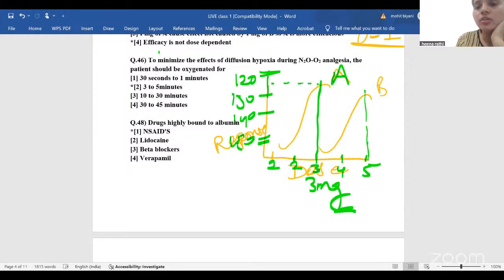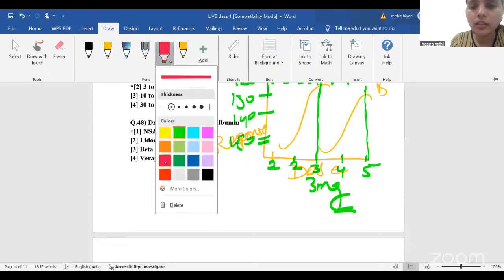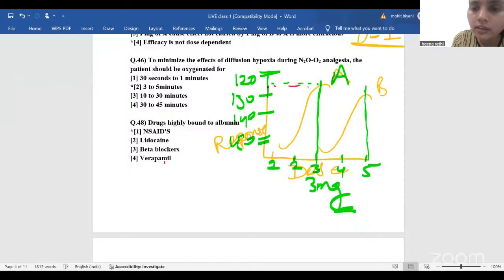And there is a drug B. When we give drug B at 5 milligrams, it is producing the same effect, 120 mm Hg, at dose 5. Drug A had the effect at 3 and drug B at 5.